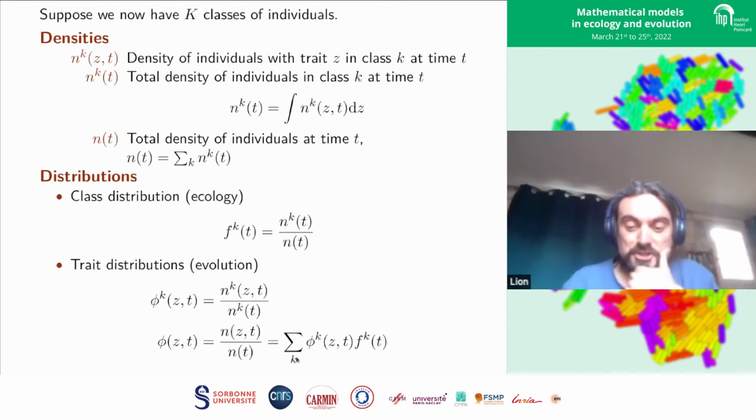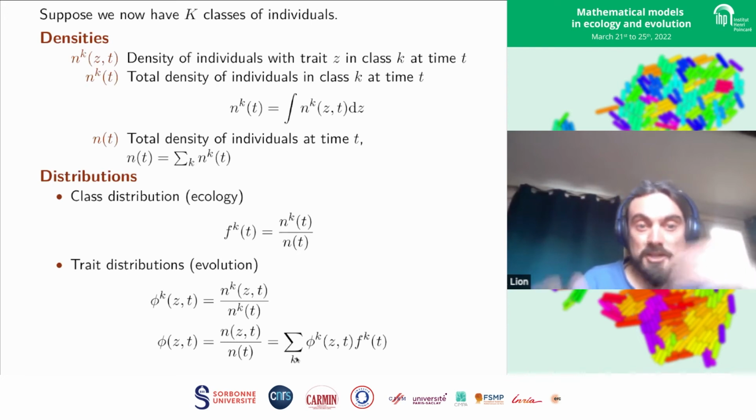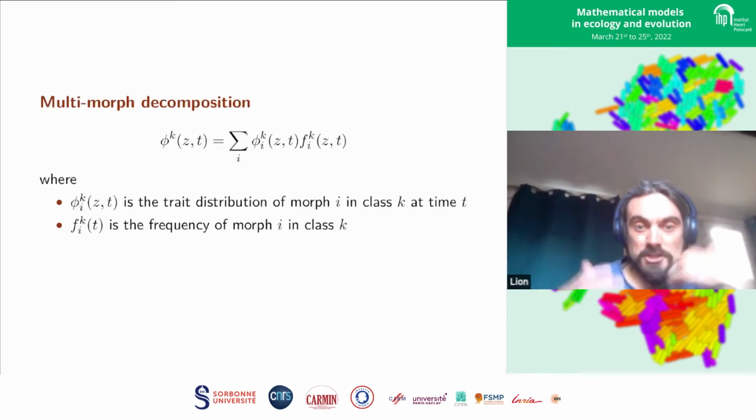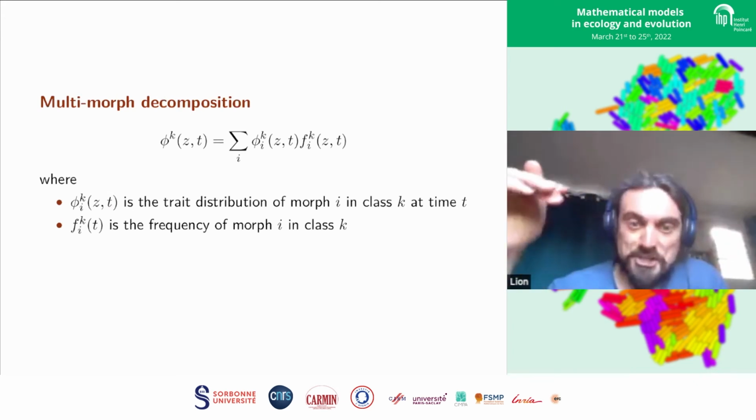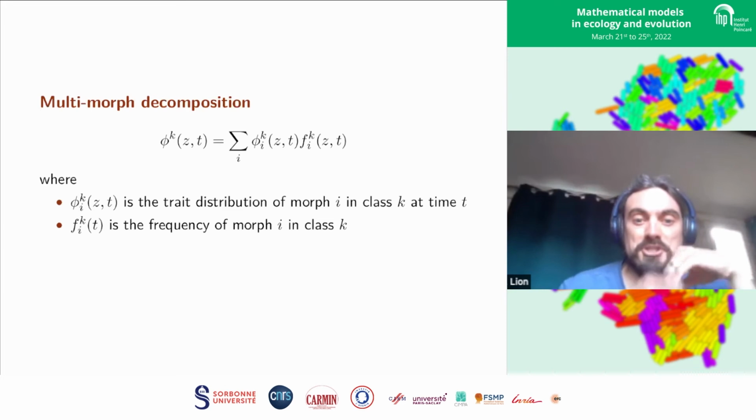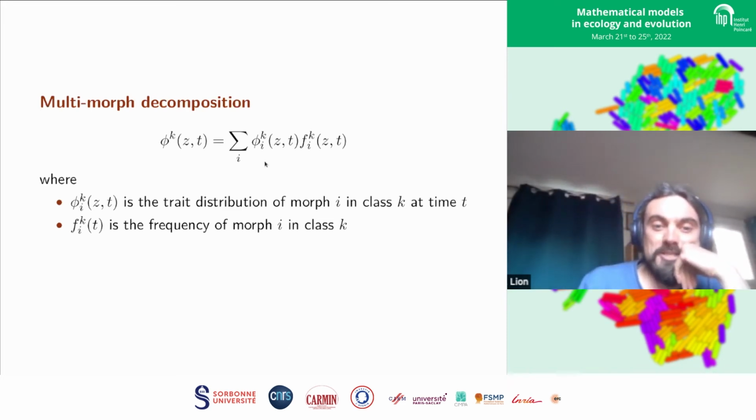So we have more notational clutter, a bit more higher dimension system, but we can do the same as we did before. And with each class, we're going to do a multi-morph decomposition. So we need to decompose the distribution of the trait within class k as a mixture of morph distributions weighted by the frequency of morph i in class k, which is noted f_i^k.